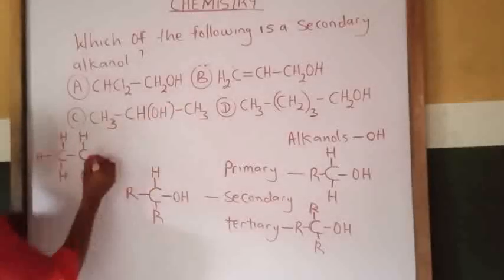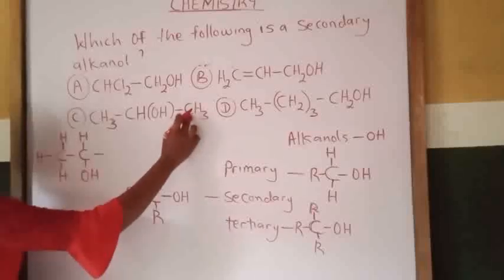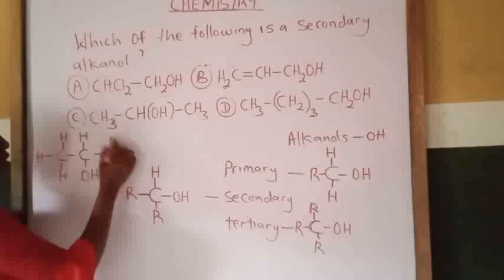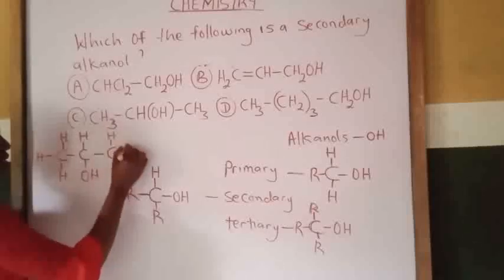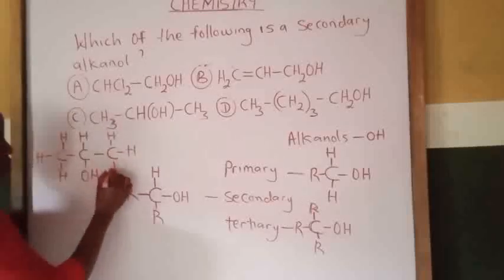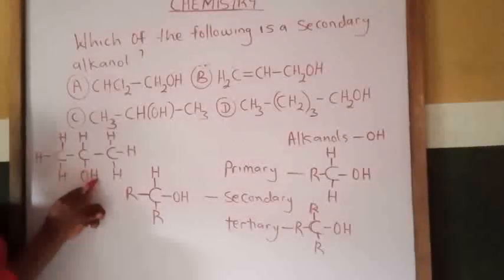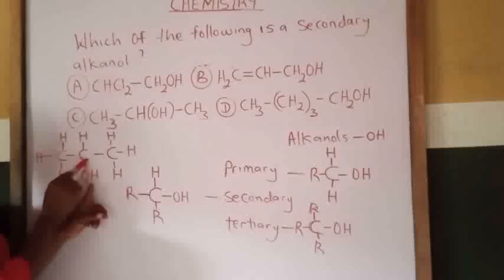Then this chemical bond is followed by a carbon atom with 3 hydrogen atoms: 1, 2, 3. Our attention should be on our functional group, OH, attached to this carbon atom. How many hydrogens do we have on this carbon atom?